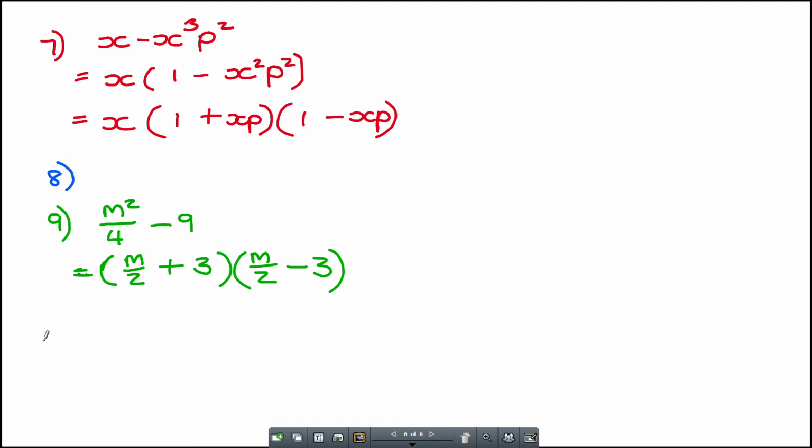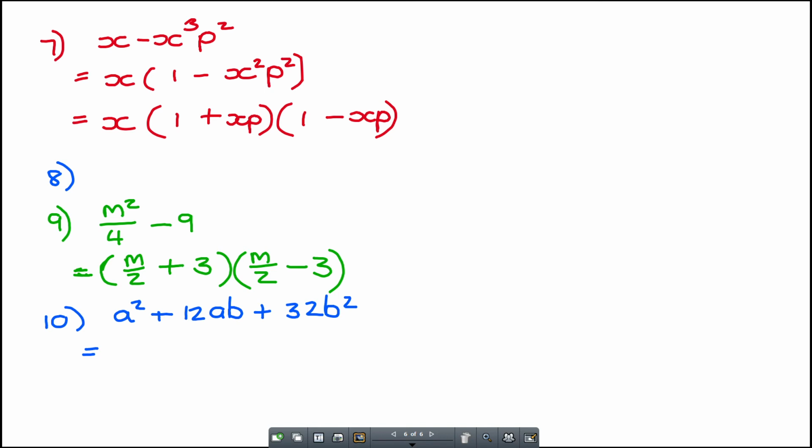Okay, number 10. Okay, so what could we take out here? Could it be difference in 2 squares? No, we've got too many terms. So what can I take out?